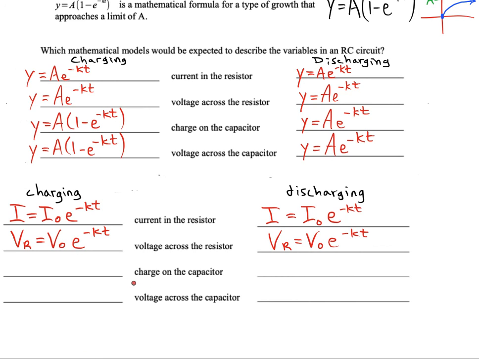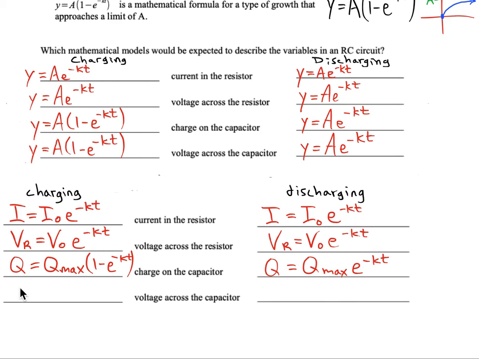When we're charging up an RC circuit, the charge on the capacitor will be given by Q equals Q max times 1 minus e to the negative kt. But when we discharge, we'll have this.